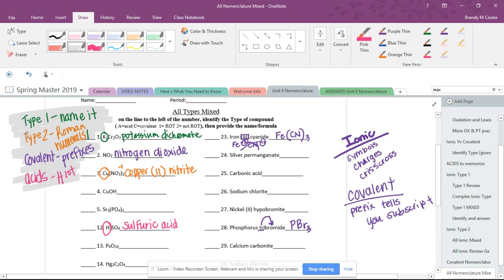And I think that getting answers correct is more important than finishing first, right? What else did I want to go over here? I think that that's it. Honestly, it's all going to focus around this stuff right here. You need to take your time and ask yourself what you're looking at, what you're dealing with. And if you can remember, type 1, name it. Type 2, Roman numerals. Covalent, prefixes. Acid, hydrogen first. Then you're good.